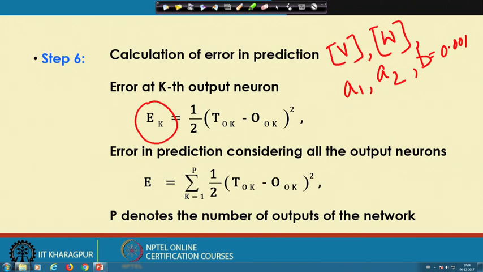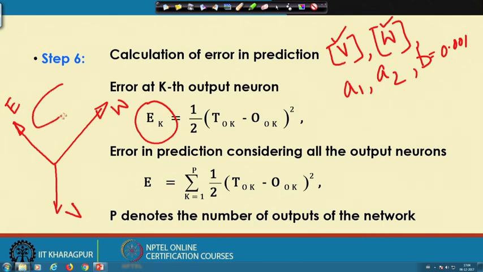For simplicity, let me assume that it is a function of only two variables, V and W. Then very easily I can plot the error surface. If this is your V matrix and this is W, and if I plot the error here, that is E, there is a possibility that I will get this type of error surface in 3D.